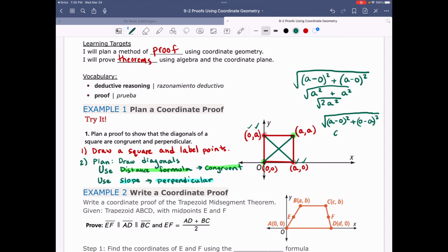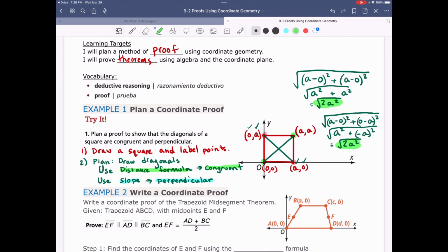A minus 0 is a, and 0 minus a is negative a. But when we square them, we get a squared again, right? Because a negative times a negative is a positive. So they end up both being a squared. A squared plus a squared is 2a squared. Be careful, it doesn't equal 0. So that is showing that the distances of the diagonals are congruent.